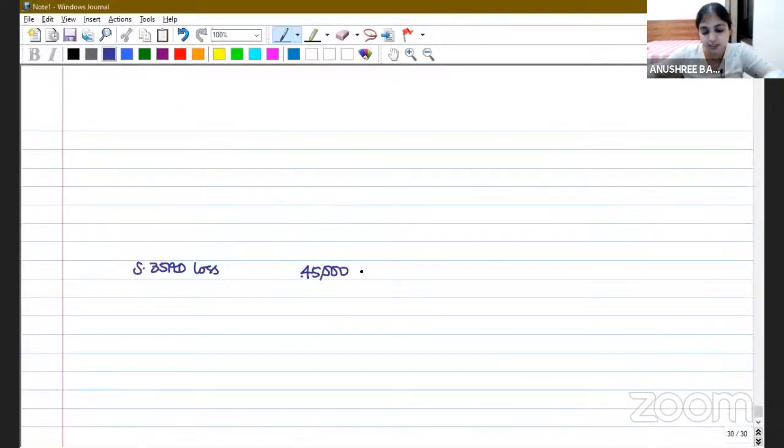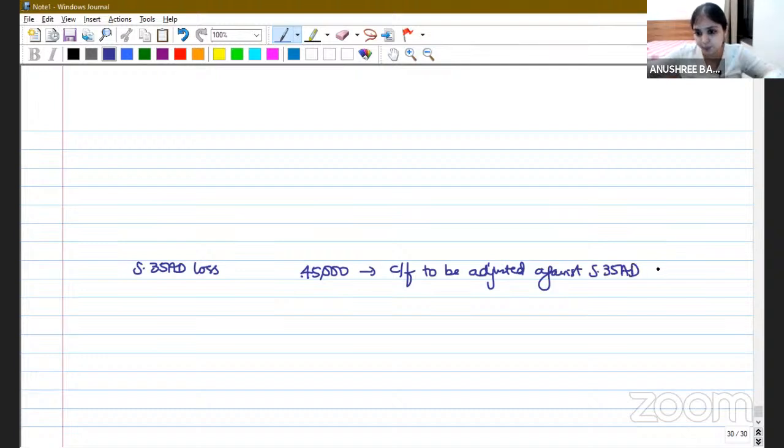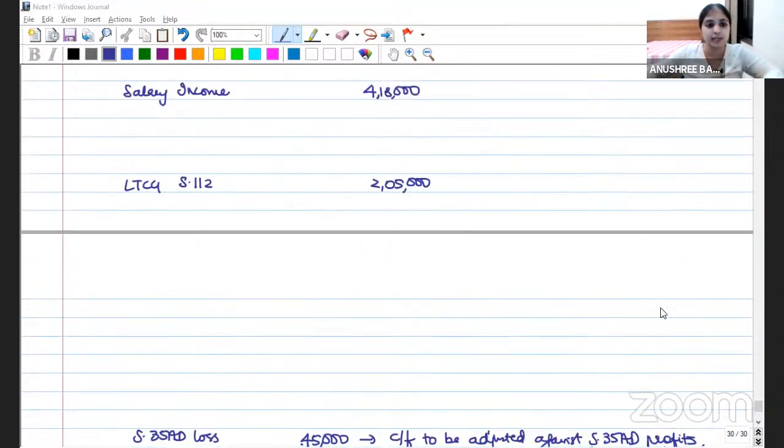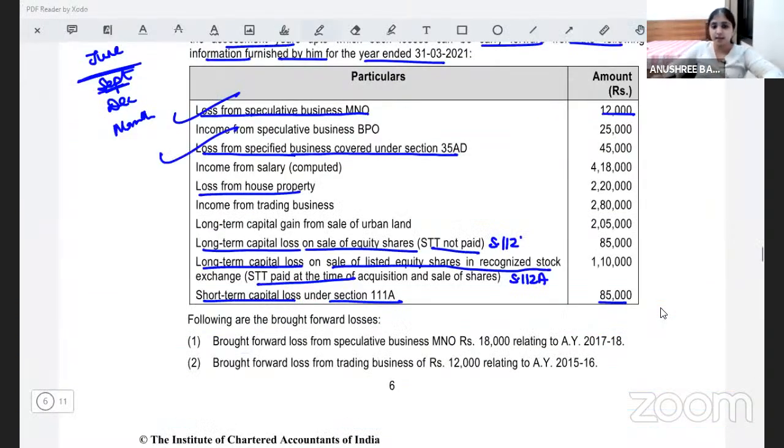We will carry it forward to be adjusted against section 35AD profit only. And for how long can we carry forward 35AD loss? Indefinitely. So even this we are done.